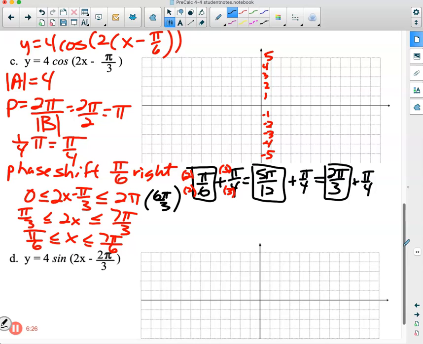We have to add another 3 pi over 12 and get 11 pi over 12. We add another pi over 4. Well, again, that's 3 pi over 12, so that'll be 14 pi over 12. And I realize, excellent, that matches up. I was supposed to end at 7 pi over 6.